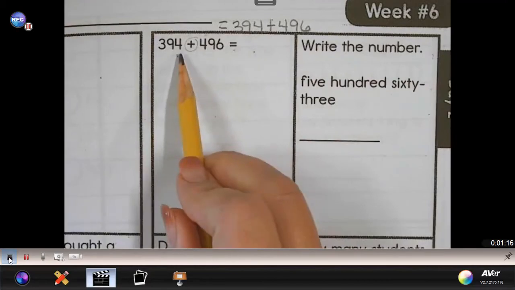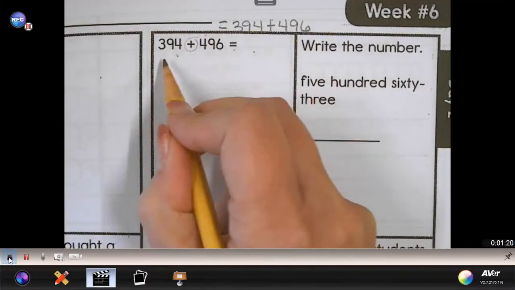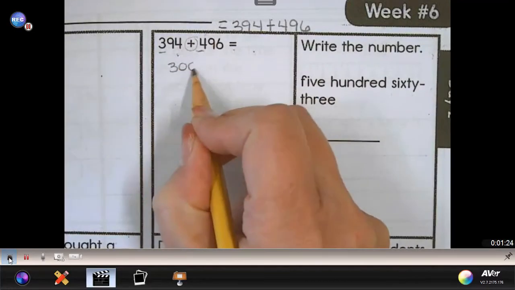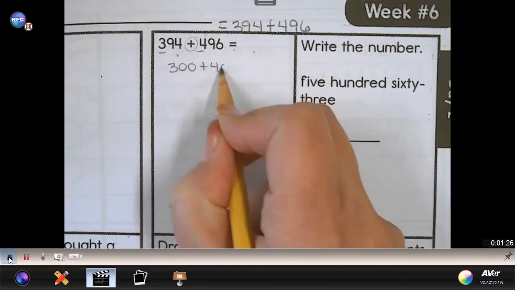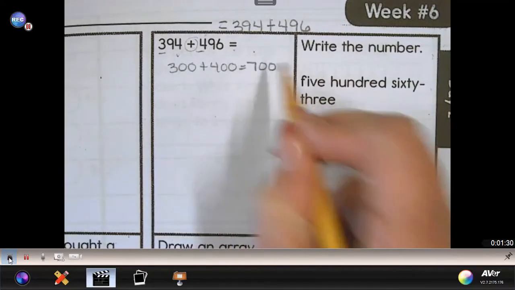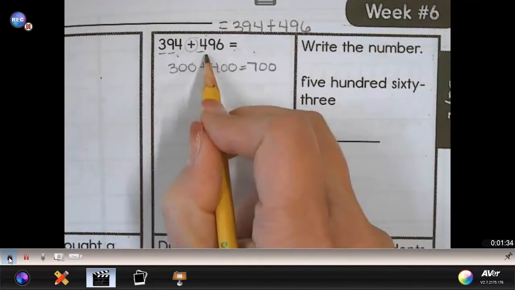So let's get started. We can use our break apart strategy. I know that I have my 300 plus my 400, which is going to be 700. We know that in our tens place we have 90 and 90.